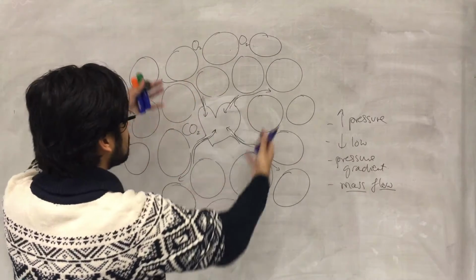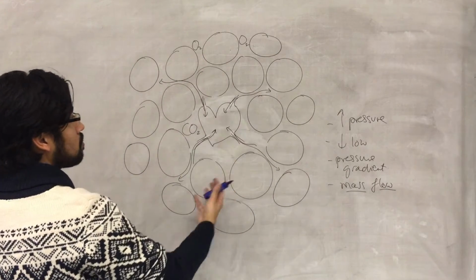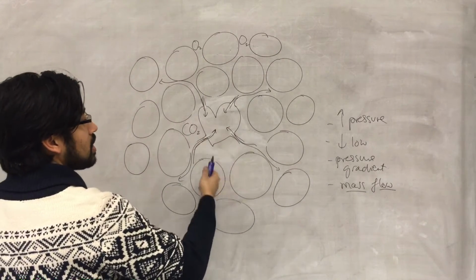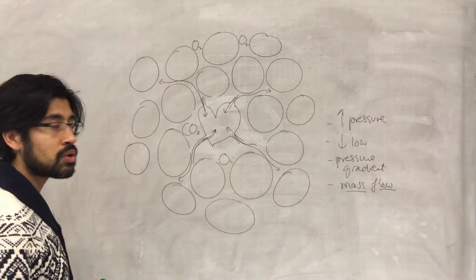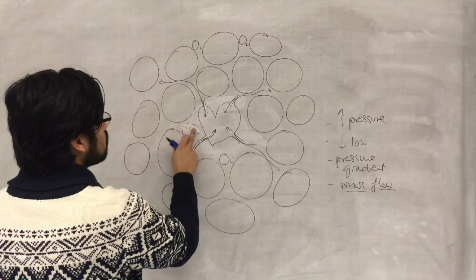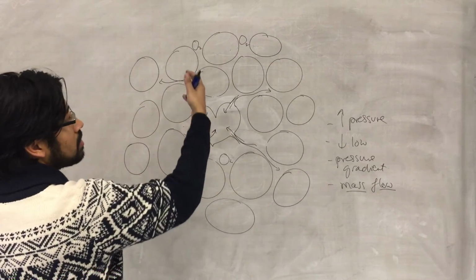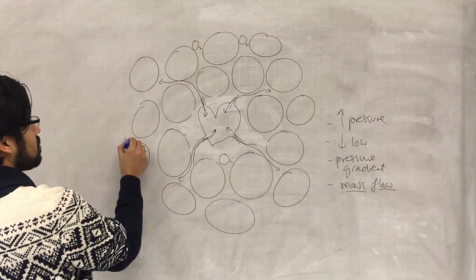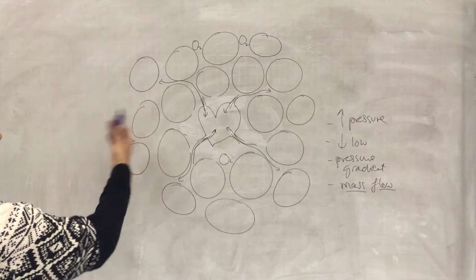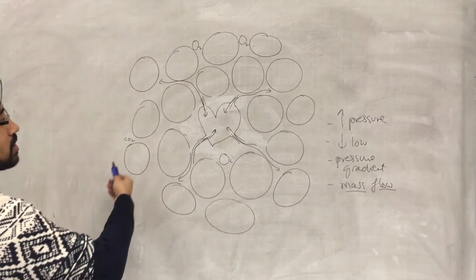So overall, the oxygen concentration is allowed to build up in the interior of the organism, and the CO2 concentration is allowed to get lower because the CO2 concentration at the surface is very low, since it's able to actively exchange with the surface.